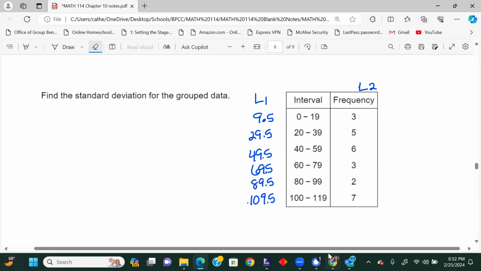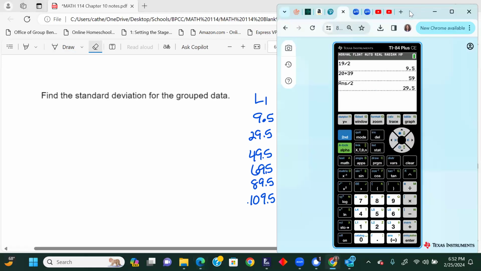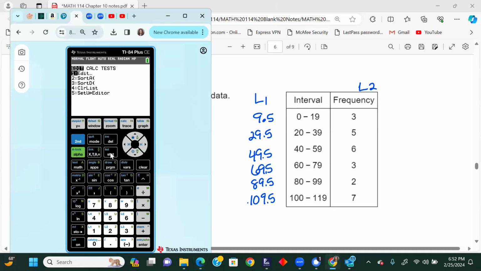Okay, and then L2 is going to be your frequency. Let's flip this over here. So we're going to hit Stat, hit Edit. I'm going to arrow up to L1, hit Clear and Enter, and then put in my midpoints.